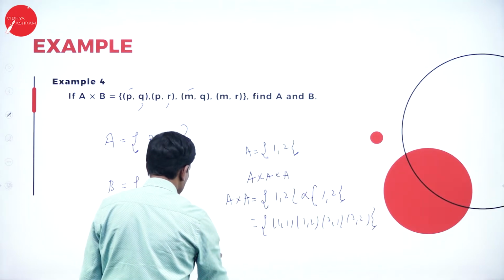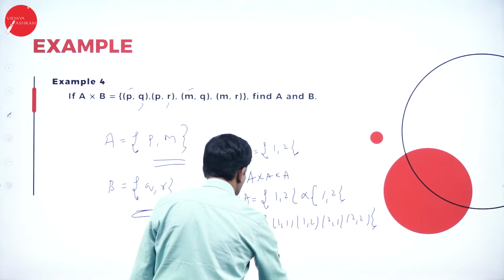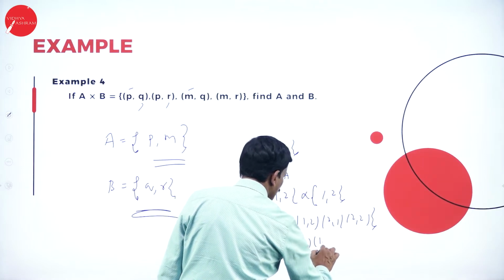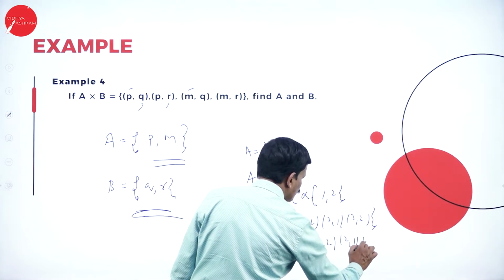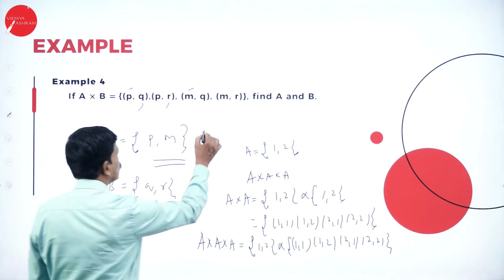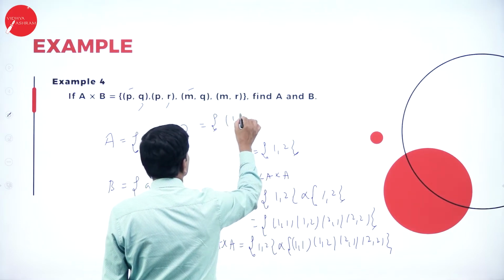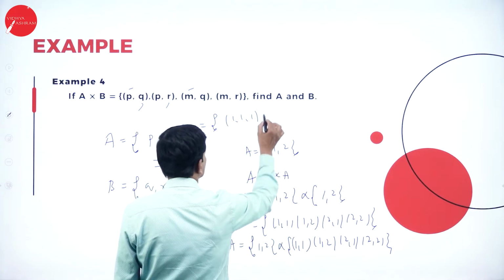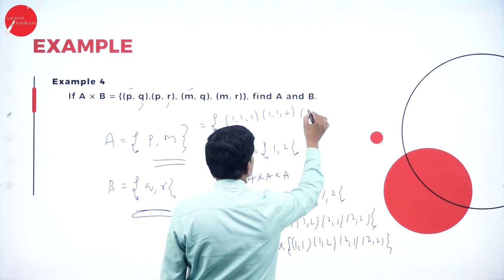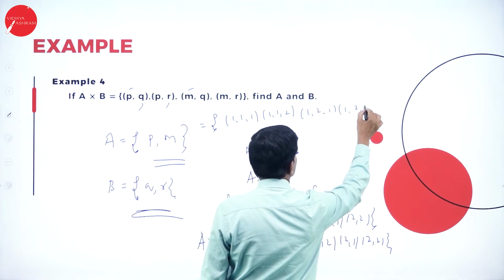Then A cross A cross A is {1, 2} cross {(1, 1), (1, 2), (2, 1), (2, 2)}. What is the answer we are going to get? (1, 1, 1), (1, 1, 2), (1, 2, 1), (1, 2, 2).